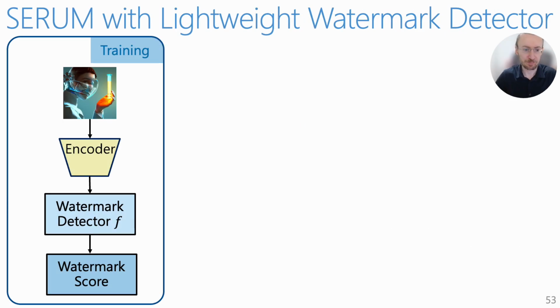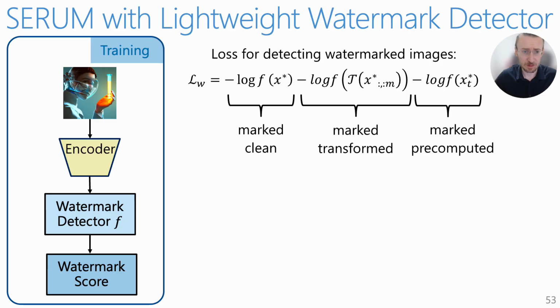And now SERUM is also training a lightweight watermark detector. Here L sub W is the loss function responsible for training the watermark detector. The detector is denoted as F, to produce high confidence scores when watermark noise is added for image generation. The first term, minus log f of x star, serves to identify watermarked images x star.